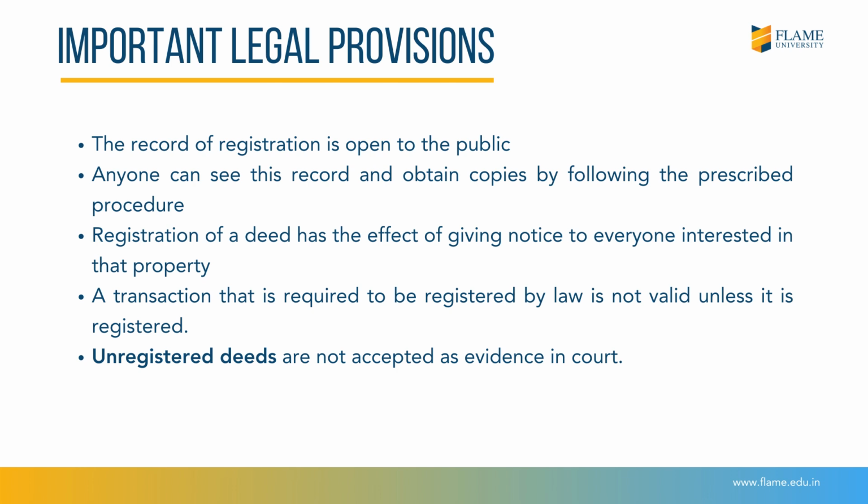As the registration record is open to the public, registration of a deed has a legal effect of giving notice to everyone interested in that property. A transaction that is required to be registered by law is not valid unless it is registered. An unregistered deed for such a transaction is not accepted as evidence in the court of law.